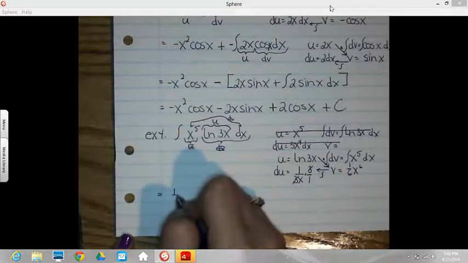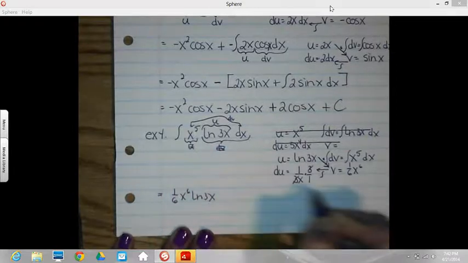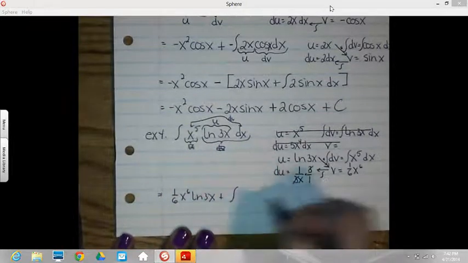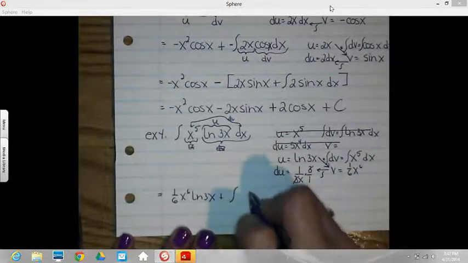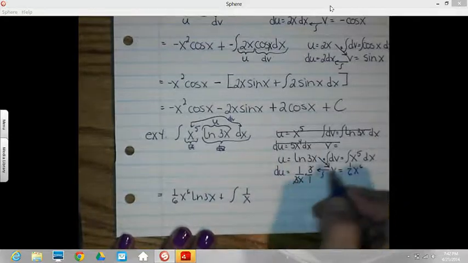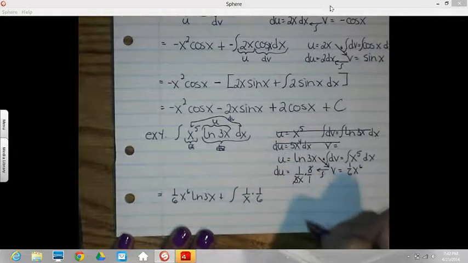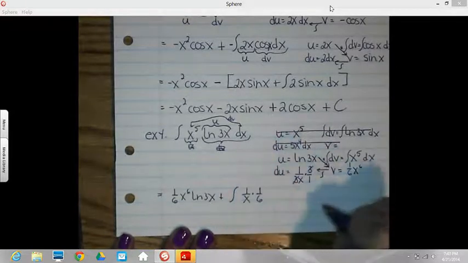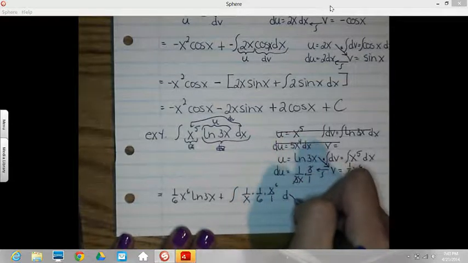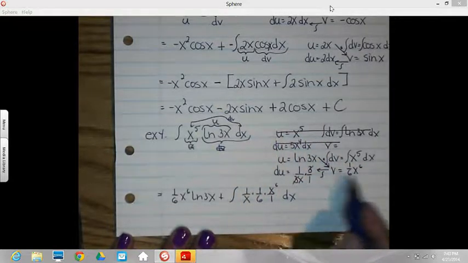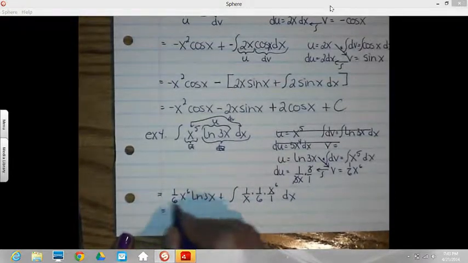So 1/6 x to the 6th ln of 3x plus integral, multiplying here, I got 1 over x, if you can simplify that in your head, go right ahead, times 1/6 x to the 6th. So x to the 6th would be right in the top. x to the 6th over 1 dx. I'm sure a lot of you could see that the 1x is going to cancel out here, and you could have written that down, but I didn't want to lose anybody. So I'm going to leave this.